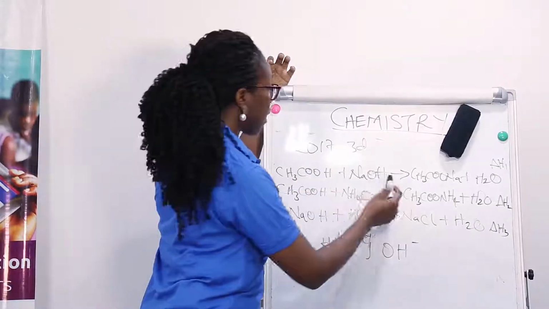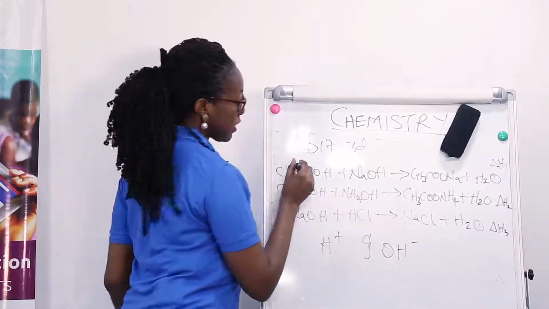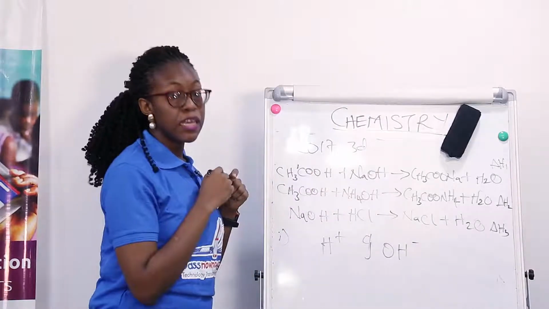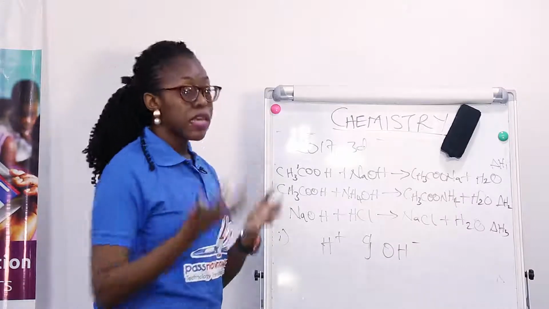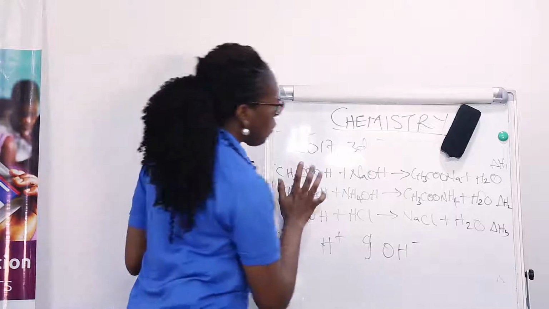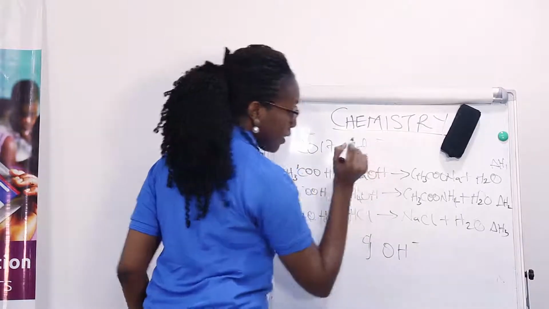This first reaction is a reaction between a weak acid. This is acetic acid. It's an organic acid, and we know that organic acids are weak acids. A weak acid is reacting with a strong base.